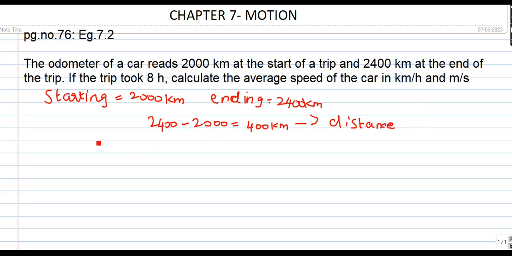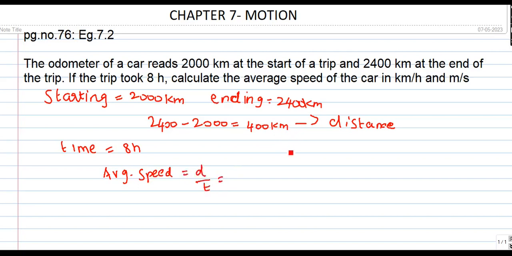And next what is given? We have the time taken for the trip, which is 8 hours. So what we have to calculate is the average speed. We have already seen the formula for this, which is distance by time.